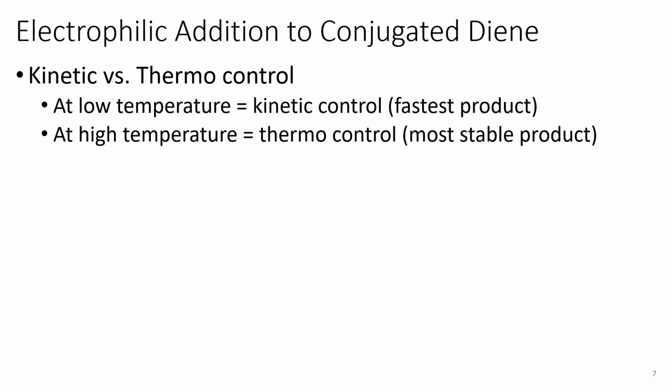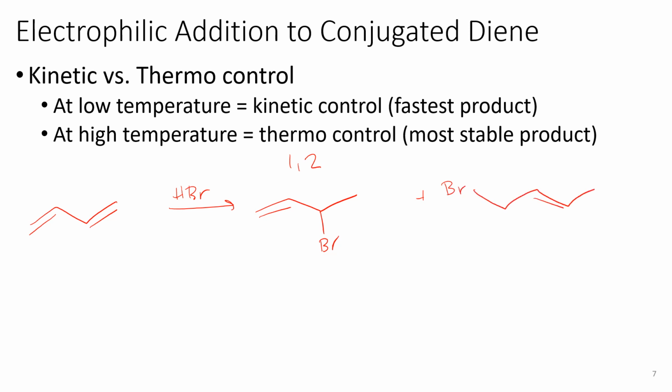So if we go back and look at the simplest conjugated diene that we can look at, and add HBr to it, we had our two products: the 1,2 product and the 1,4 product, when we looked at our two different species that we could make.